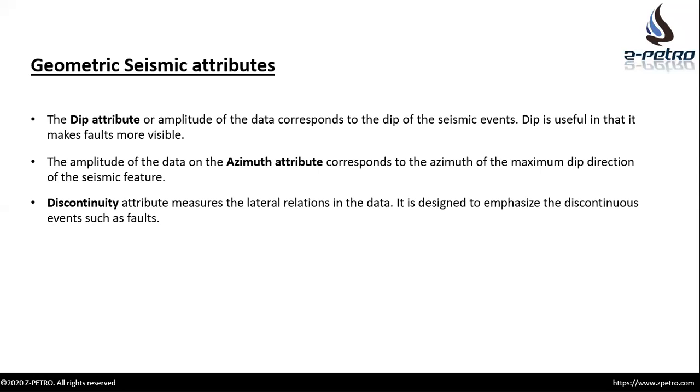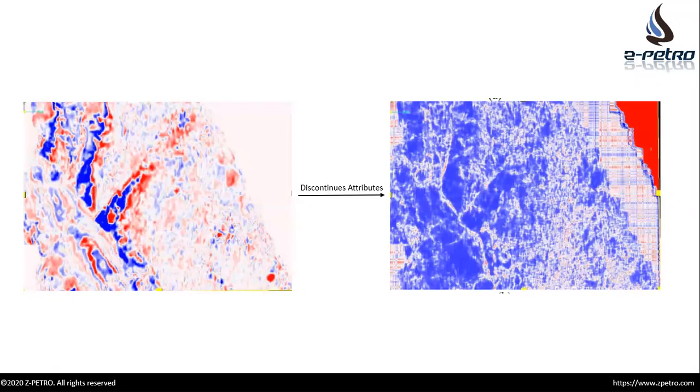The azimuth attribute represents the maximum dip direction of your seismic features. And the discontinuity attribute is related with faults, small faults, or small fractures. So the first one is the discontinuity attribute.